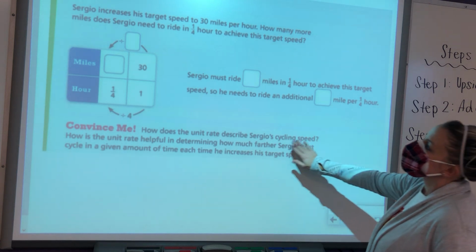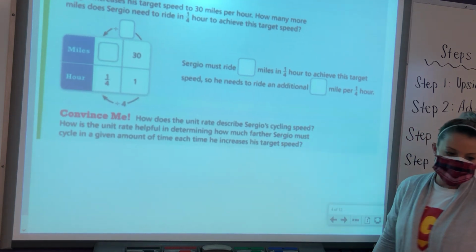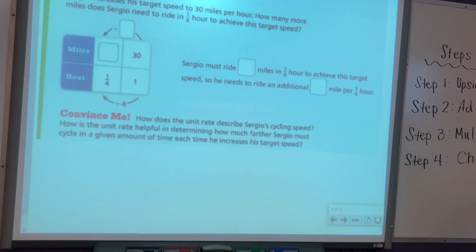All right. So let's look at Sergio again in our try it section. Sergio now has increased his target speed to 30 miles per hour. Not doing that on your mountain bike, right? Okay. So, how many more miles does Sergio need to ride in 1/4 of an hour to achieve his target speed?